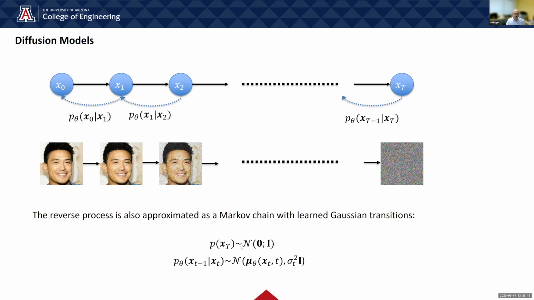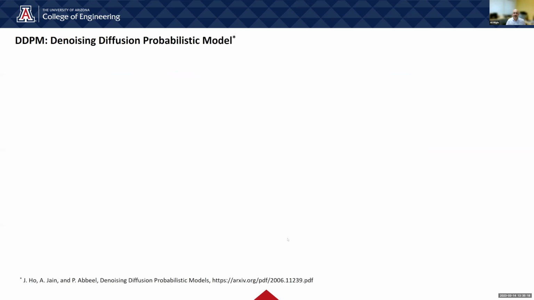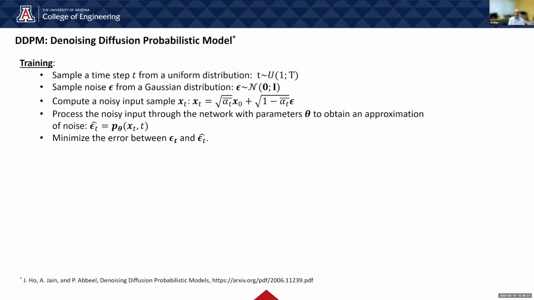Let me give you a little bit more detail of how practically that is performed. During training you randomly pick a step between 1 and T, and you generate Gaussian noise, 0 mean, unit variance again, and then given that noise and your starting image, you generate a noisy input sample for that step. You input this noisy input sample into a network.